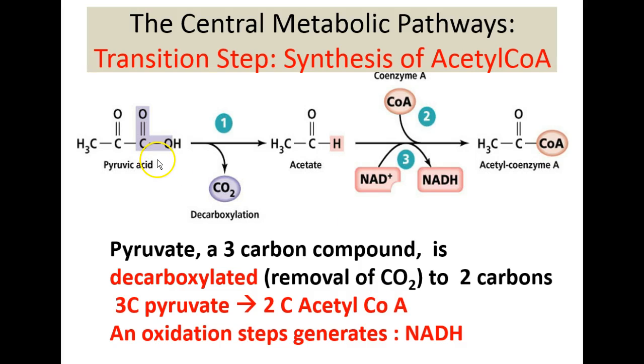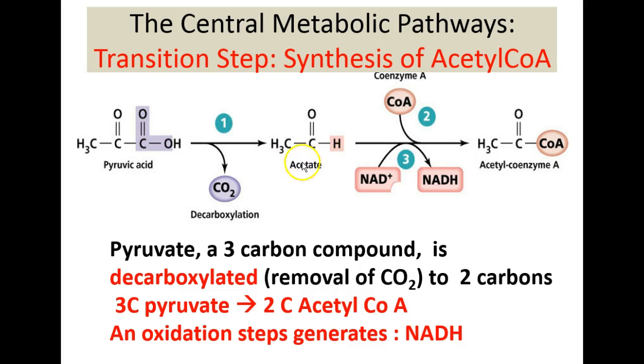During the transition step, the pyruvic acid produced during glycolysis is decarboxylated. A carbon is removed from the 3-carbon pyruvic acid, giving a 2-carbon compound called acetate.